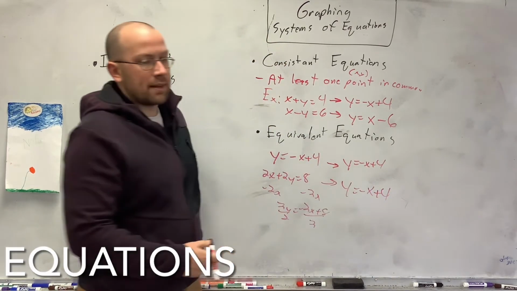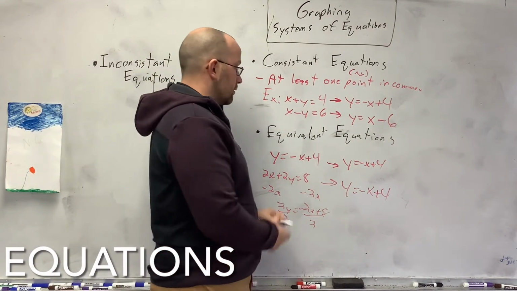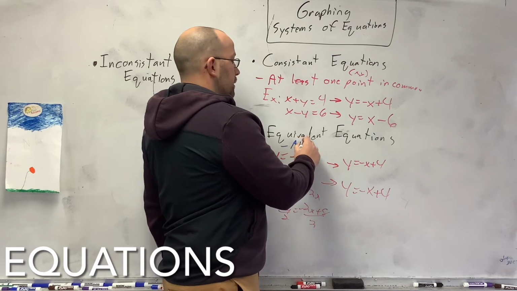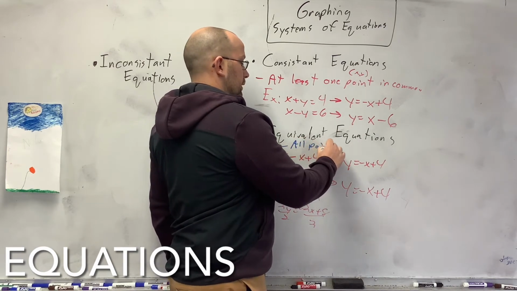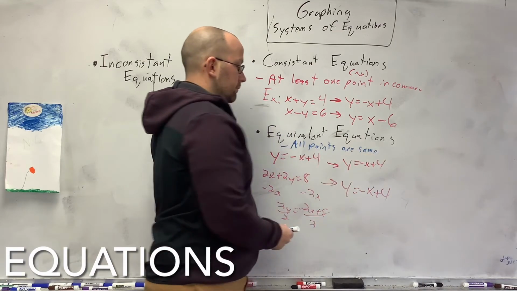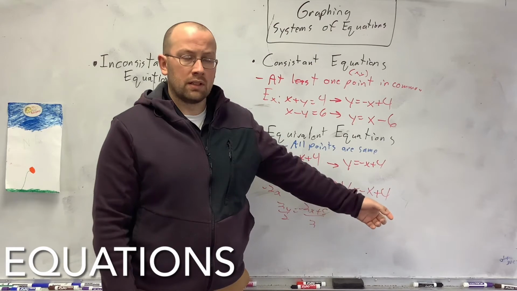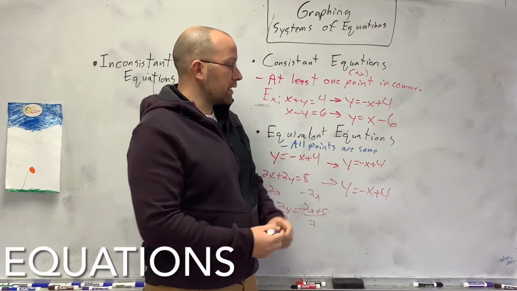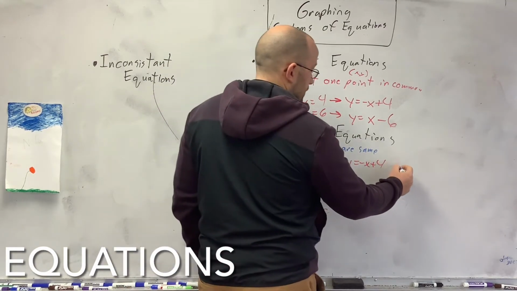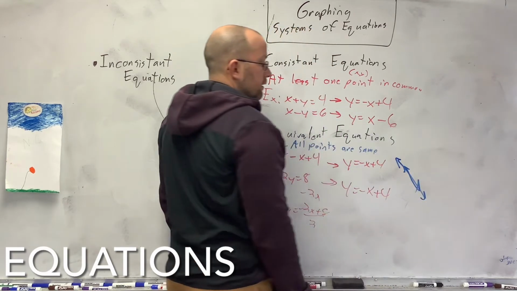Those are the same two things. So an equivalent equation, all points are the same. Same slope, same y-intercept. Alright, if you have the same slope and the same y-intercept, when you graph it, you have one line and then the other line would be right over it.